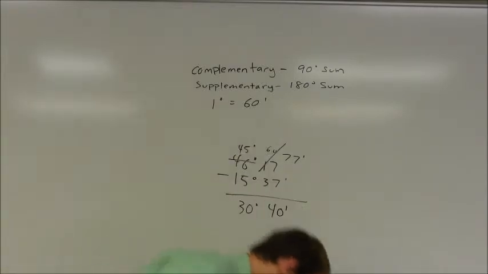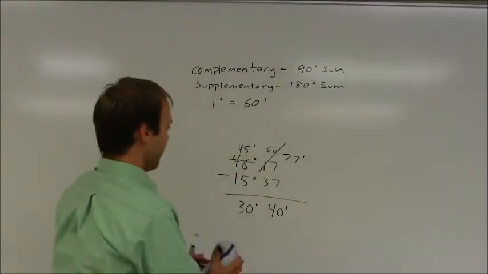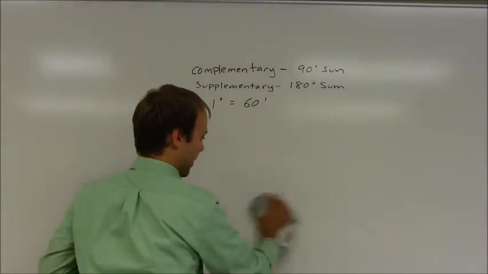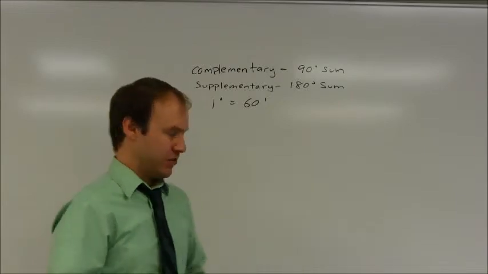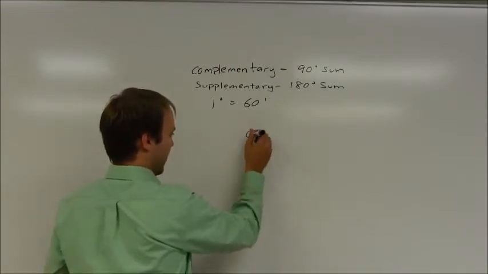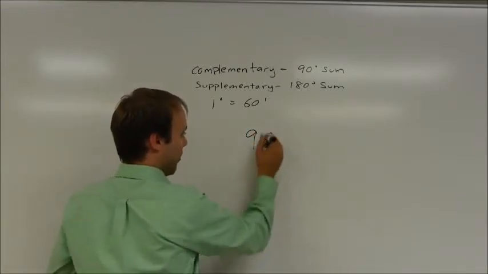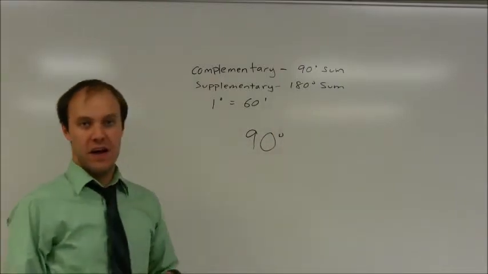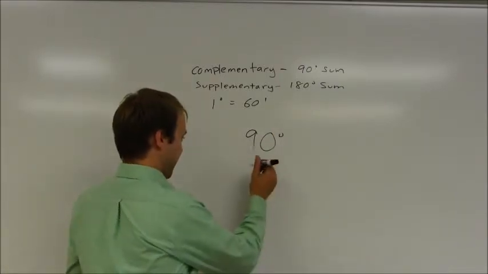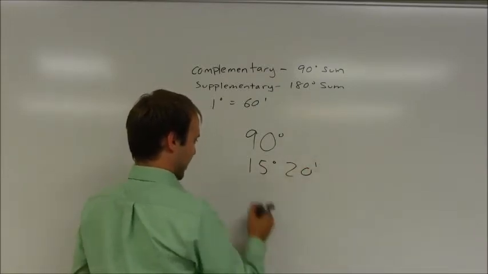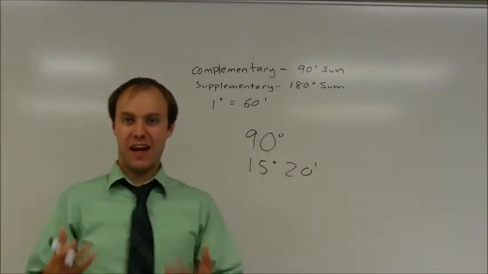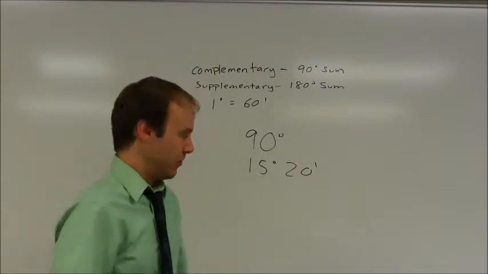All right? One final thing that kind of builds on this, the supplement and the complement. If I wanted to find the complement of a 15 degree, 20 minute angle, I could subtract from 90 and see what I have left over.